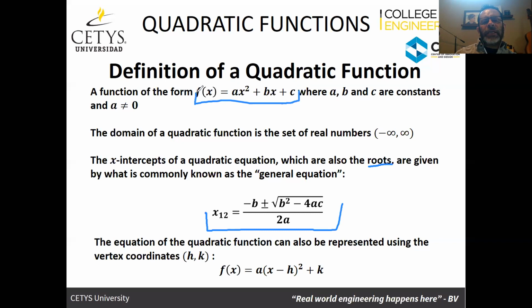But another way of representing the quadratic function is this way here, where we have a value a, and these two values here, h and k, which are the coordinates of the vertex. The vertex is going to be an important thing in a quadratic equation because it represents either the maximum or the minimum value of the quadratic function, depending on how it's represented. So that's another way of representing a quadratic expression.